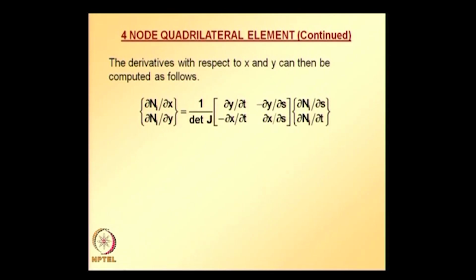We can compute the derivatives of shape functions with respect to x and y once we know the derivatives of shape functions with respect to s and t, because on the right hand side we have the partial derivatives of shape functions with respect to s and t, and that vector can easily be computed because shape functions are in terms of parent coordinates s and t.